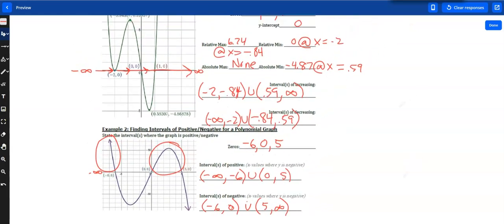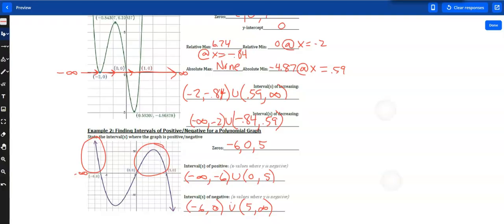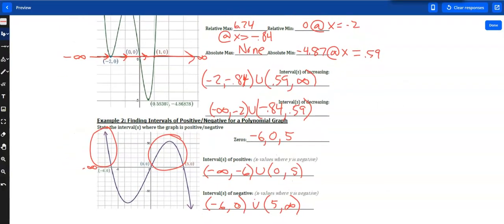Now, notice that increasing, decreasing, talked about this earlier, these are all about x values of mins and maxes.